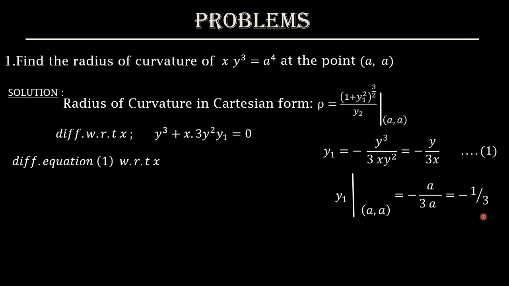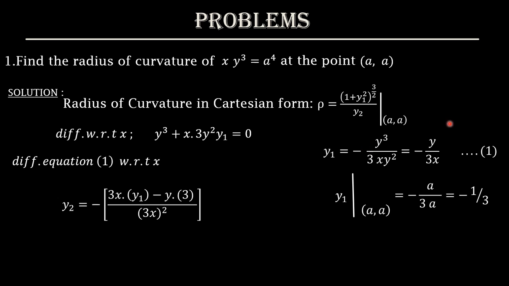Now differentiating equation number 1 with respect to x. I am going to use the quotient rule over here, keeping the minus sign as it is, denominator into, what is your denominator? The denominator is 3x, into differentiation of the numerator. What is the derivative of the numerator? It is y1.